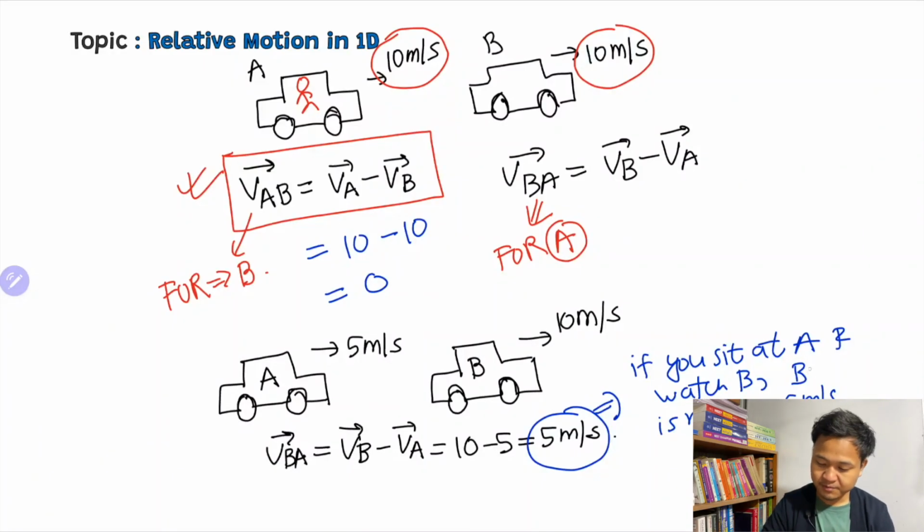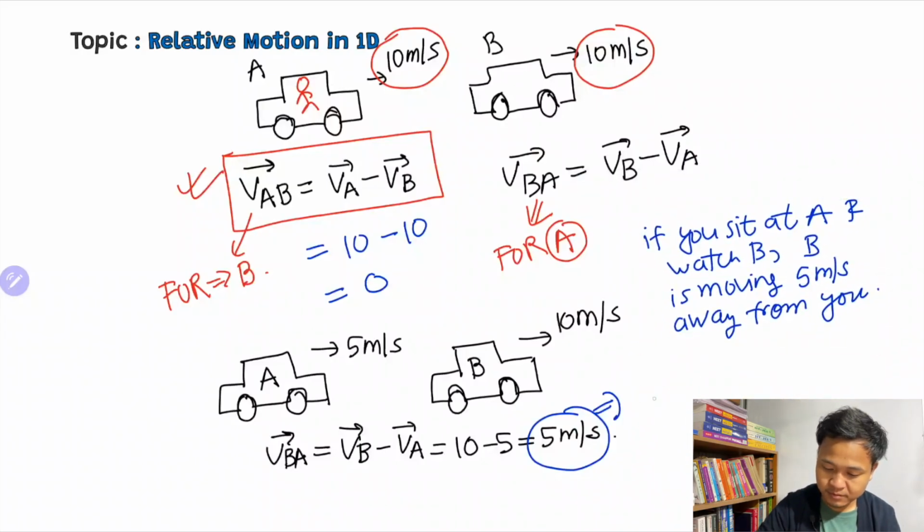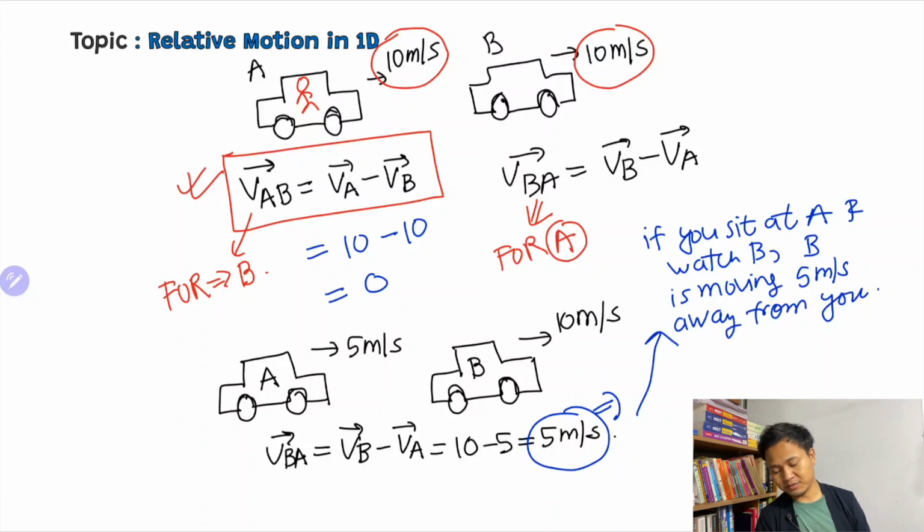B is moving 5 meter per second away from you. So if you sit at A and observe B, B is moving with 5 meter per second away from you. The place where you're sitting is your frame of reference. So when I say velocity of B with respect to A, A is my frame of reference.